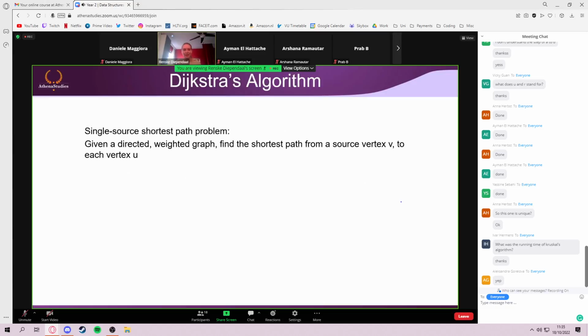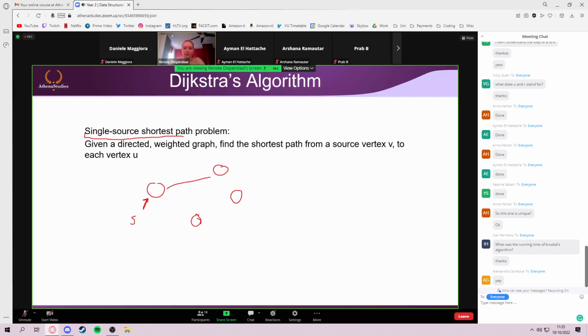So Dijkstra's algorithm. First, we need to define a problem for which this algorithm is going to find a solution. So we have the single source shortest path problem. We start with a directed and weighted graph, and we want to find the shortest path from a source vertex to each vertex u. So let's say we have a quick little graph. We say this is our source vertex.